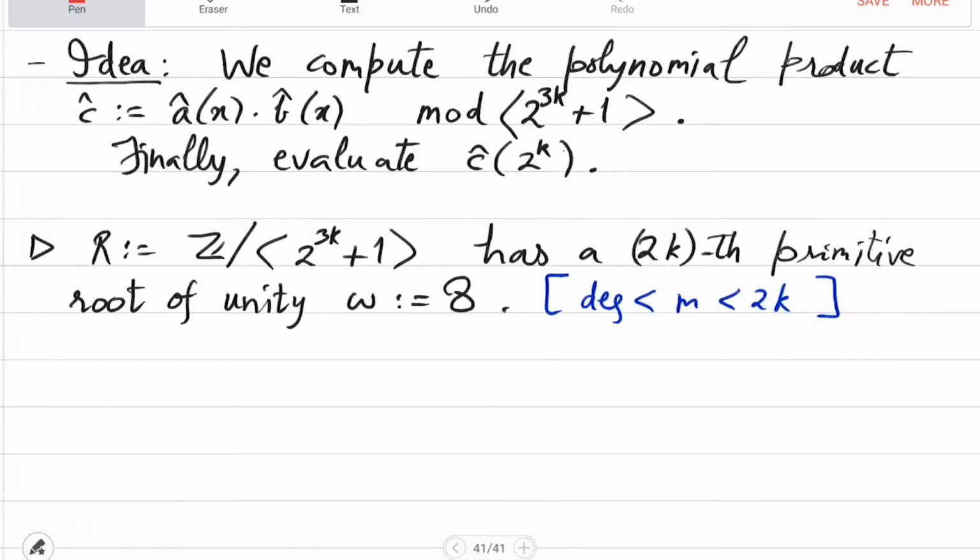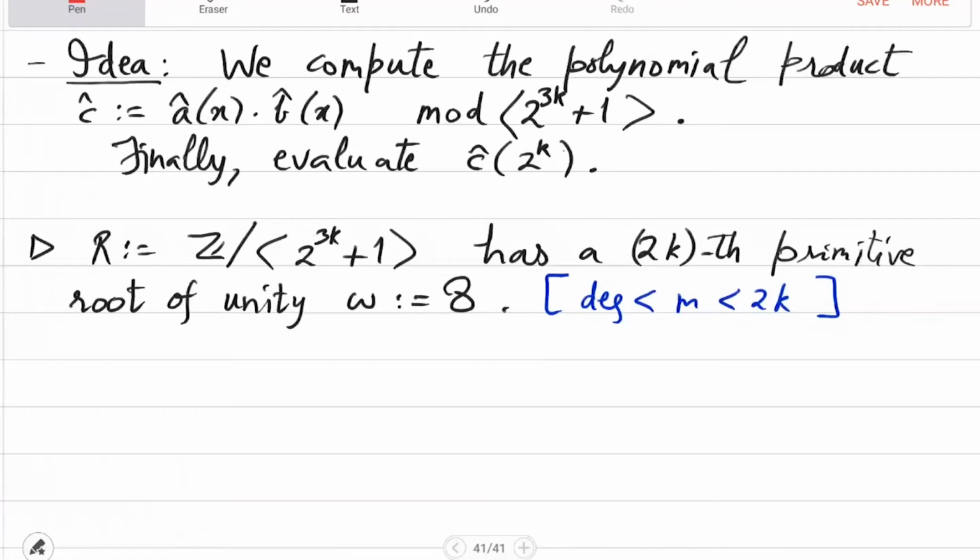This is important because the coefficients cannot be just treated as integers. We also have to take into account how many bits there are and how many multiplications and additions, and how they correspond to bit operations. So we have to fix the integer precision. So we are fixing it to 2 raised to 3k. So all the arithmetic will happen modulo 2 raised to 3k plus 1. And then the c hat you will get, you can just substitute 2 raised to k, and everything is the same as before.